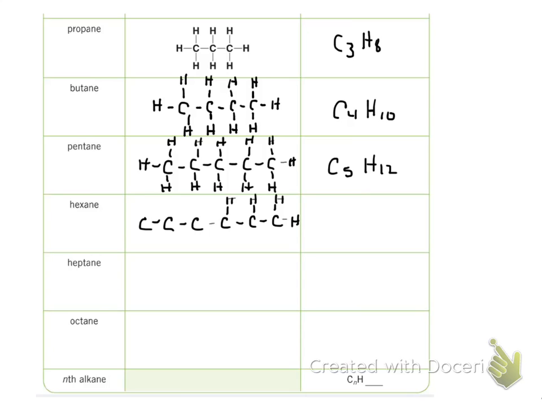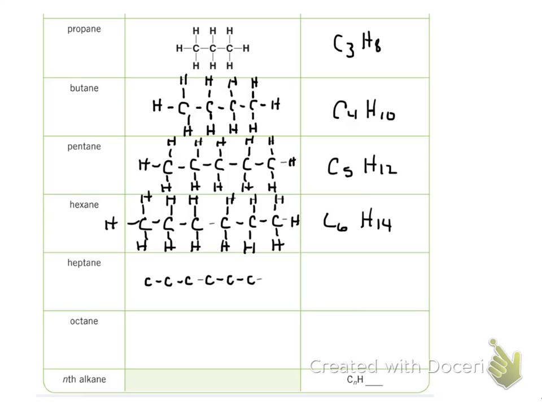I need bigger boxes. C6H14. C6H14. You're getting them faster than I can draw them out. C7H16. One more time.